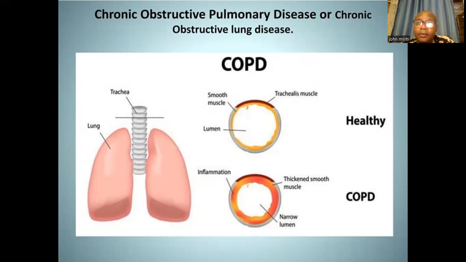Again, the air goes down through the trachea, to the bronchioles, the lungs, and the alveolar spaces where the gaseous exchange takes place. Now, in our normal person, that system will be able to contract and dilate persistently to assist in respiration.